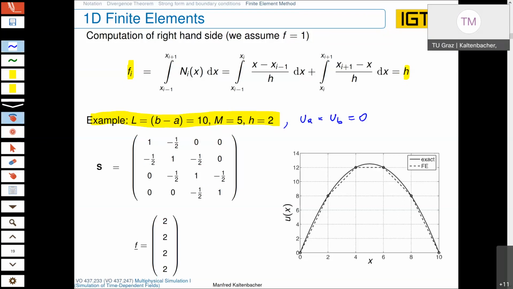Did you also see the plotted solution? The value is 0 at the left boundary and on the right boundary. For this special differential equation, it is really the case that the discrete solution lies exactly on the analytical solution, but this is just for this simple differential equation.